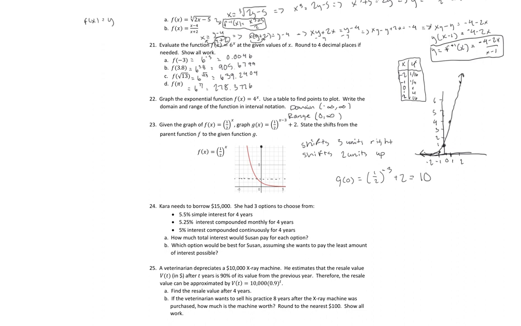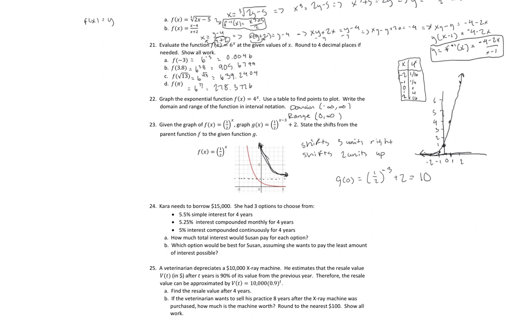Now that we have this point and our horizontal asymptote, we can draw it in a similar way, so it models our parent function. This isn't the greatest, but you know what I'm trying to get at. And this is going to be our new g of x function.